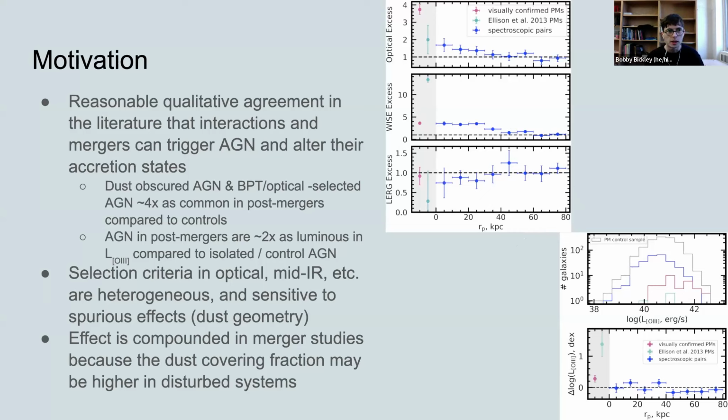We try to work around this in this paper, the one that I'm showing the figures from, by studying a bunch of different types of AGN at once and looking for connections between those AGN classes. But another question? Of course.